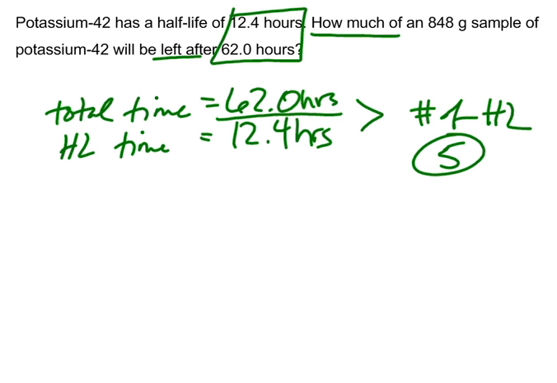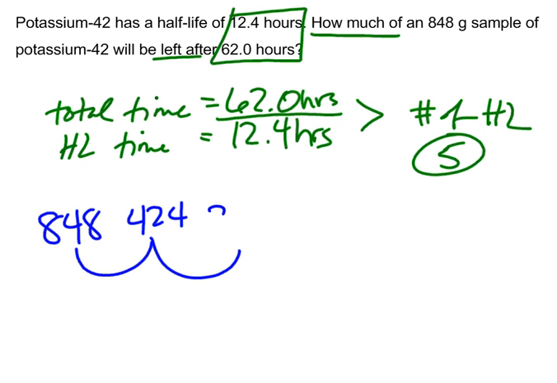Now, after 5 half-lives, how much of an 848-gram sample would be left over? I'll take 848, what I started with, and cut that in half, and that's 424. Then I cut it in half again, and that's 212. Cut it in half again, that's 106.